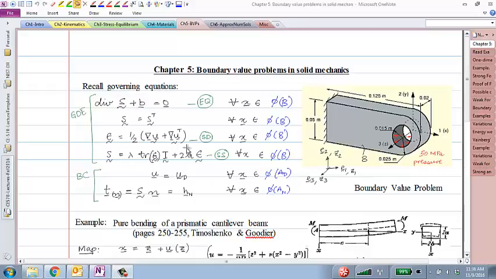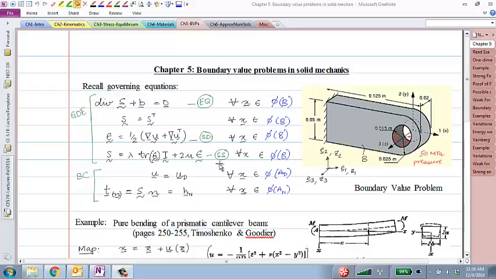If we assume that the material is linear elastic, where the deformations are small, then we can use Hooke's model, which gives me a stress-strain relationship. And now we have 15 scalar equations and 15 scalar variables that we can solve for.